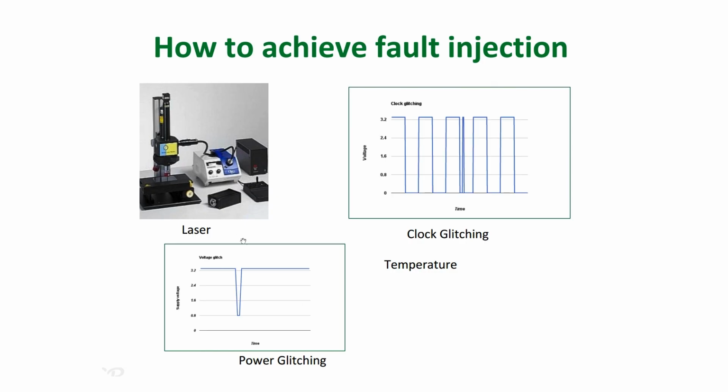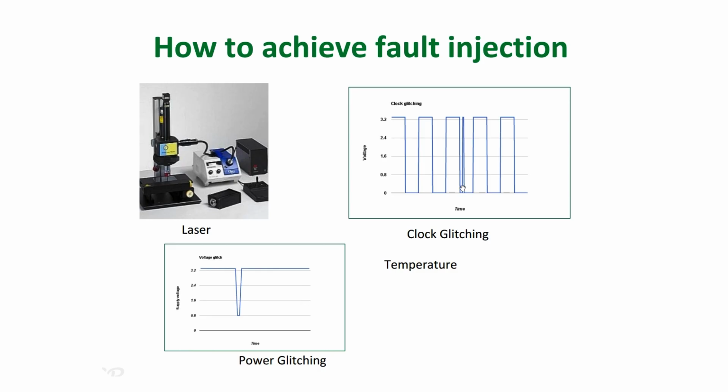Similarly, a fault can also be induced by injecting glitches in the power consumption or by having a glitch in the clock source for that specific device. What happens when we have a glitch in the power consumption is that this glitch can again toggle the device state, resulting in a wrong or faulty computation.